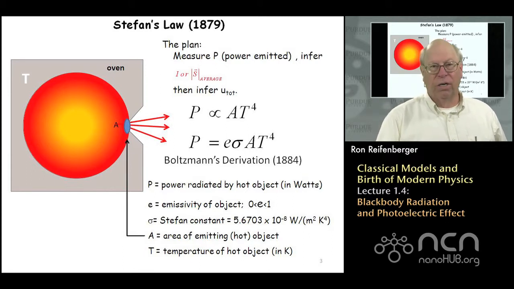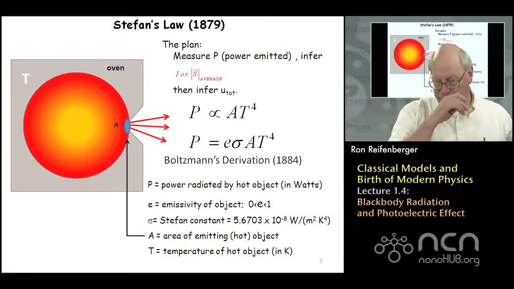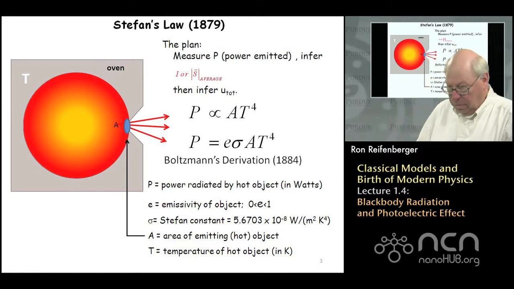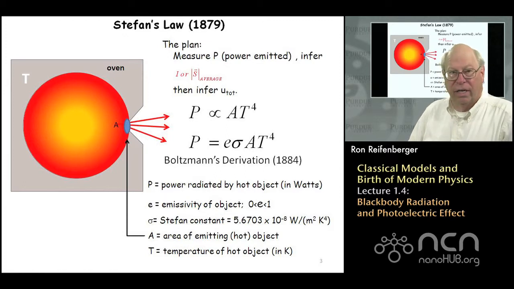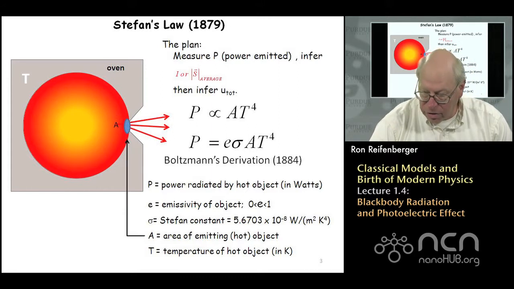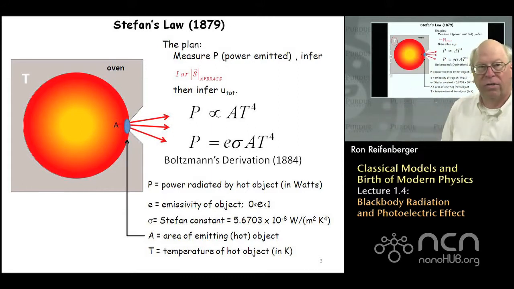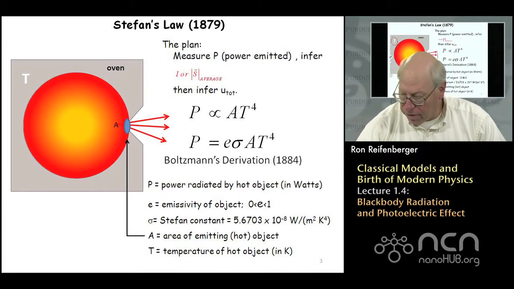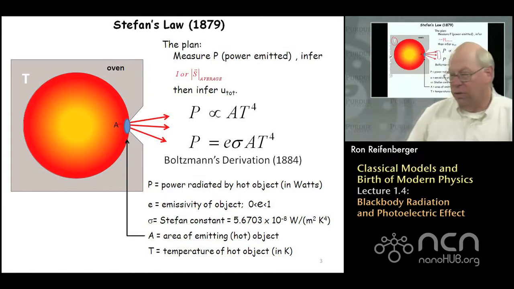If you then punch a little hole in the oven, and if the hole has a cross-sectional area A, you can then extract some of the radiation from inside the oven, and you can start to measure the intensity of that radiation, or the power that's emitted from the oven as a function of the temperature T that the oven is held at. So T here, that's the parameter that you're going to adjust experimentally. And you're going to set a detector up over here, and you're going to use that detector to measure the radiation that comes out.